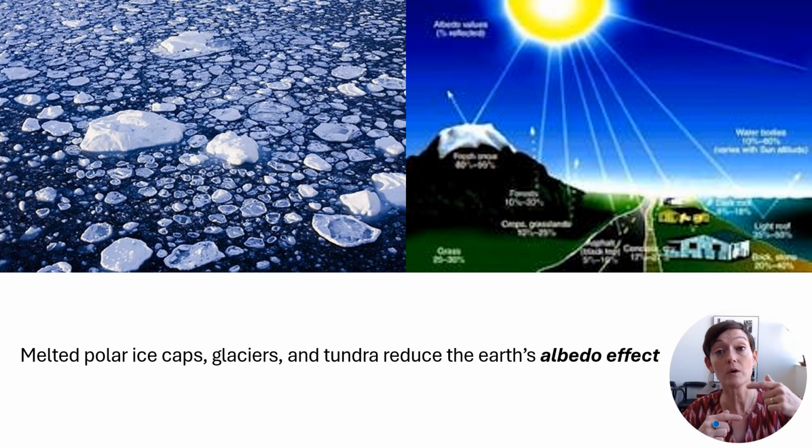Again, our actions cause a loop that then pushes the Earth in the same direction as well. So the albedo effect is a decrease in the Earth's capacity to reflect sunlight caused by the melting of any large ice sheet that is melted from global warming.